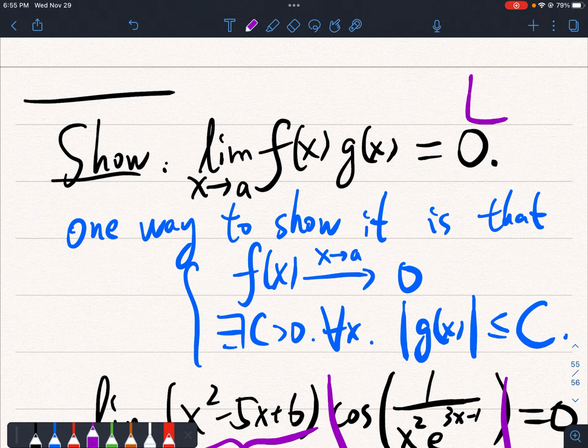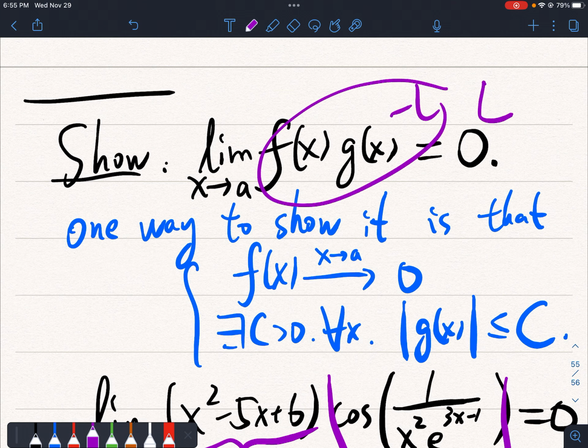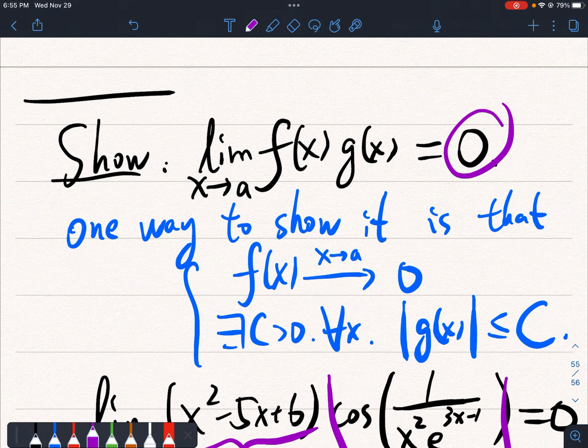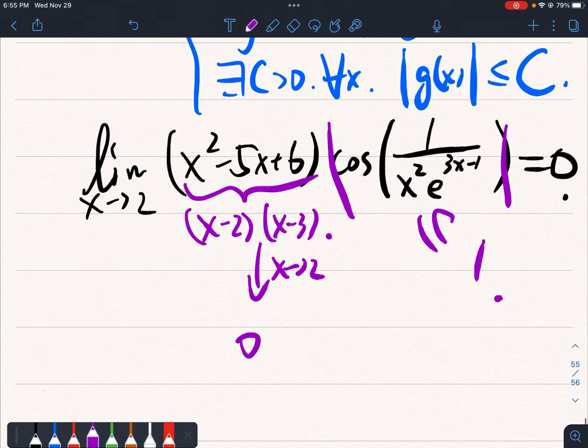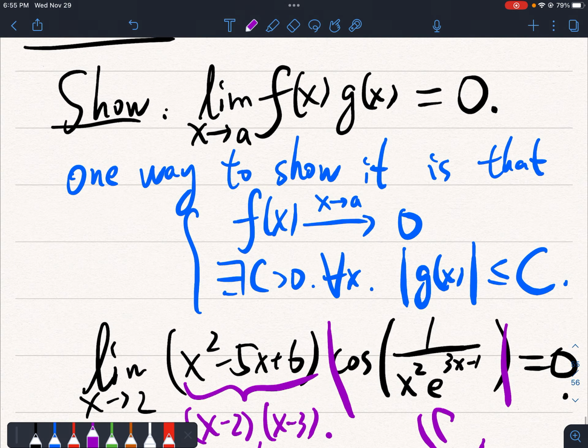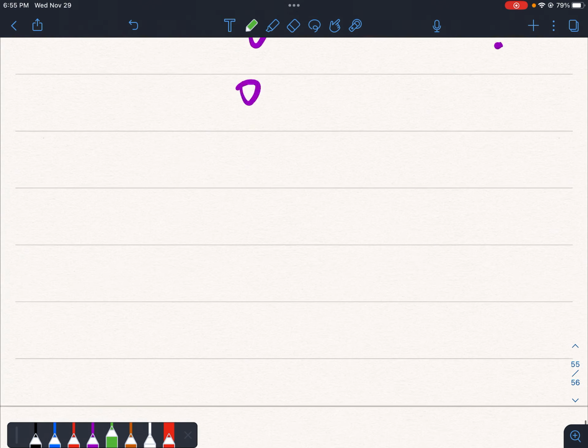Okay? But how will you show when the limit is not 0? Let's say this limit is some L. Then you simply subtract this L, and change this question into a question in the form where the limit is 0. This is a common trick. When we want to show the limit is equal to something, we subtract this number to the left, and then we show some limit is equal to 0.